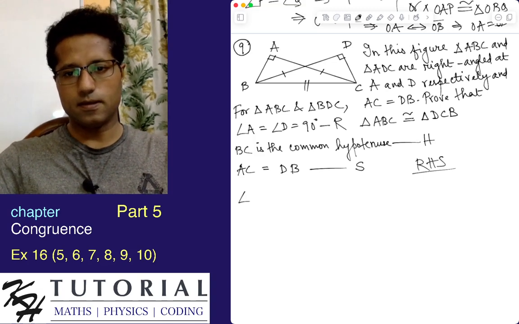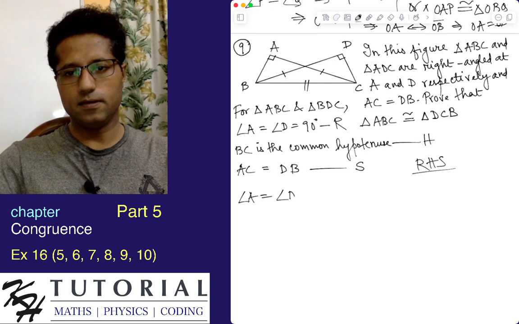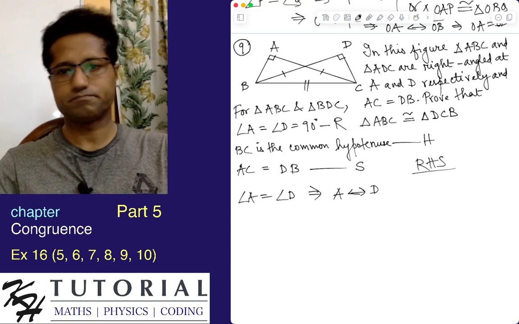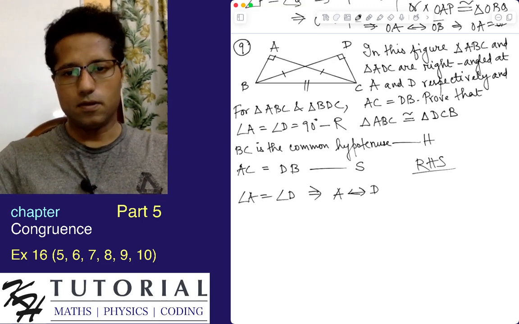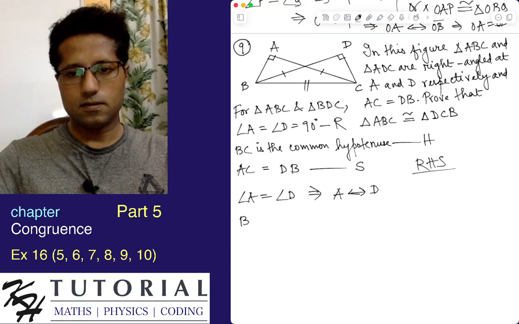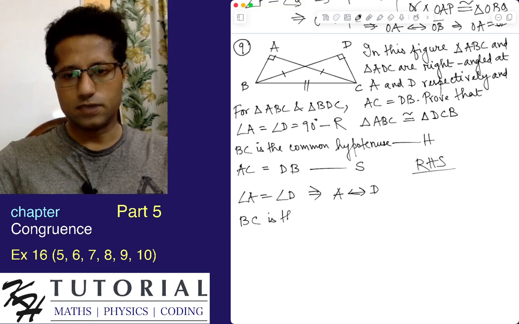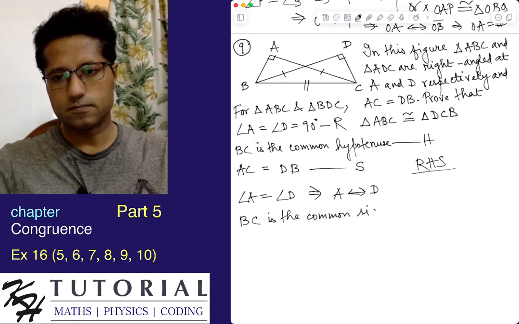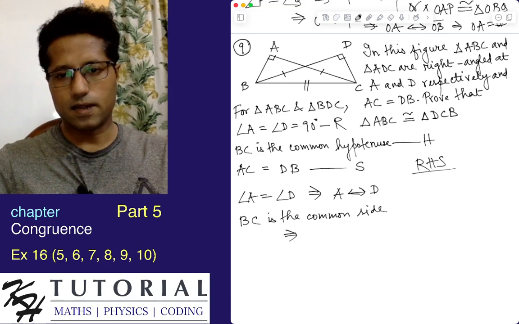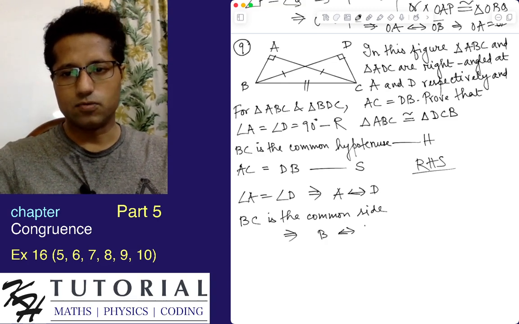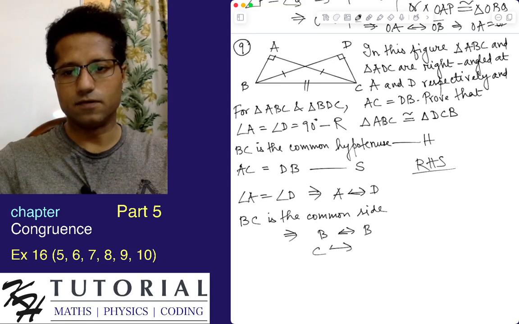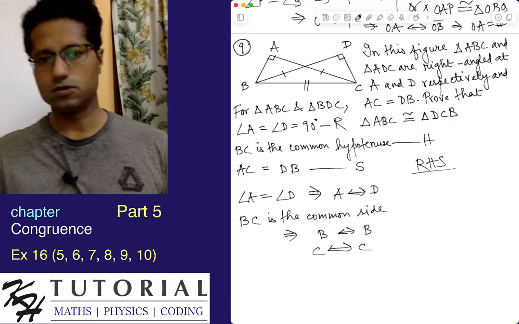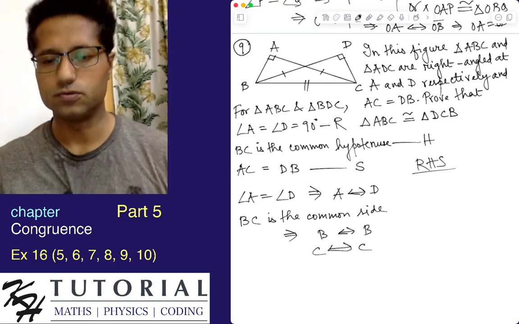Angle A is equal to angle D, which implies that A has to map with D. Now BC is the common side. This will imply that B maps to itself and C maps to itself. Even though this may look weird, B and C are common vertices of the two triangles.